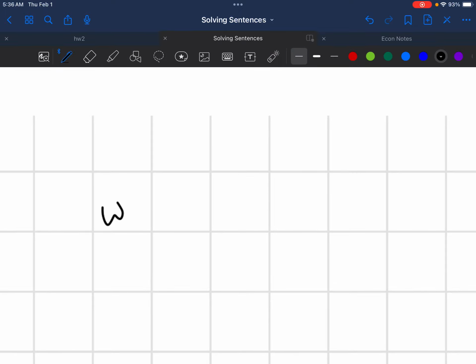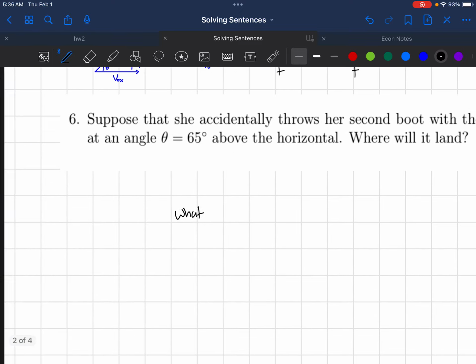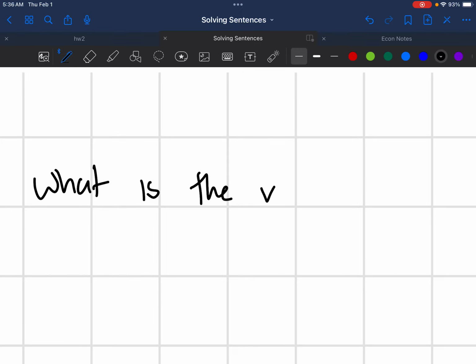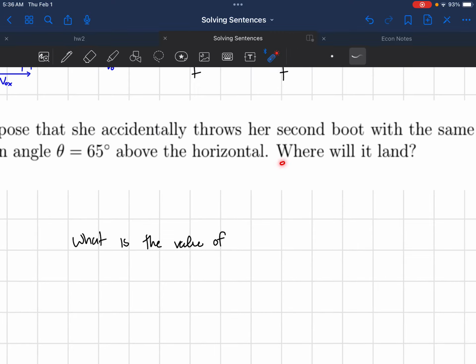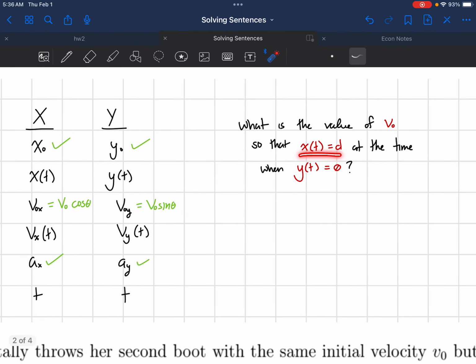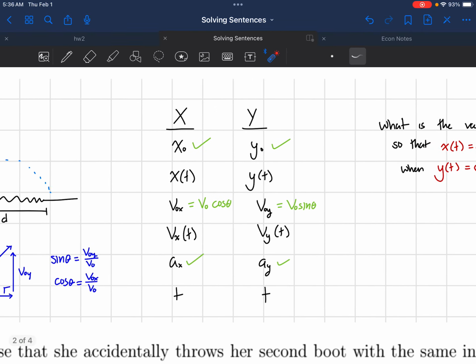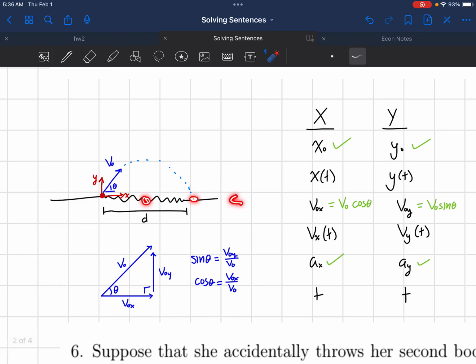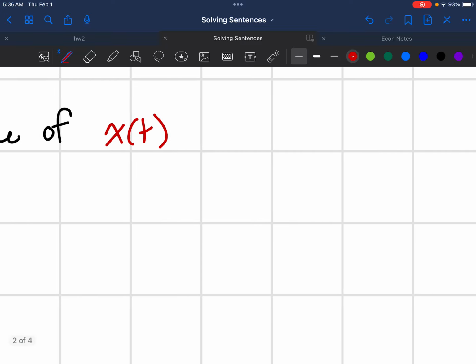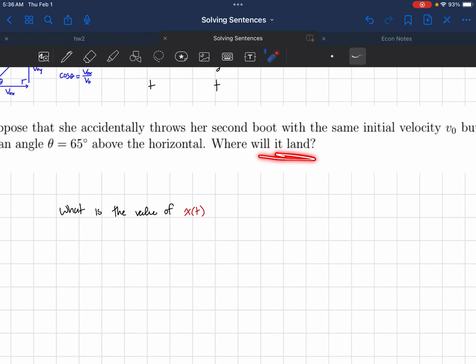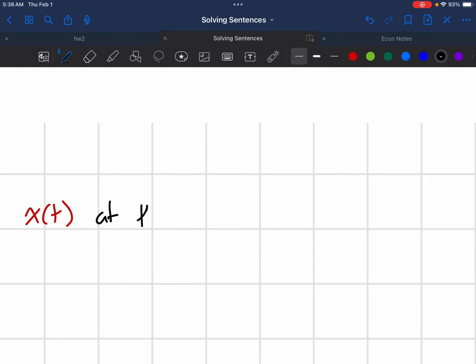So what is the value of, well, if I'm being asked where it lands, we said that my x position determines if it's landing in the river, on the other side of the river, or further. So what is the value of x of t? And how do I know that it has landed? At the time when y of t equals 0.